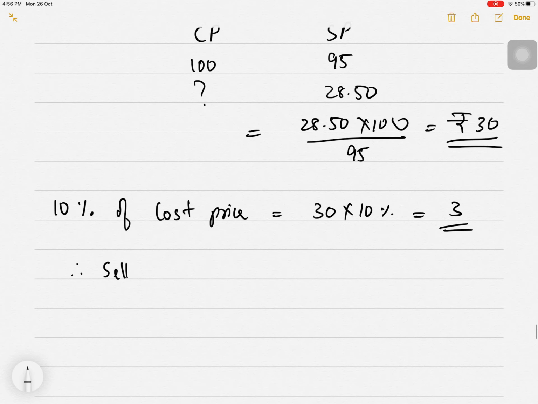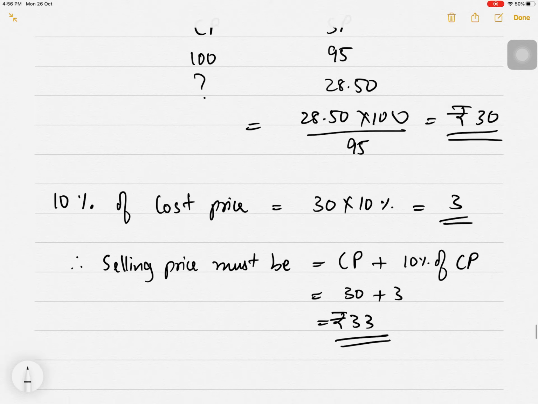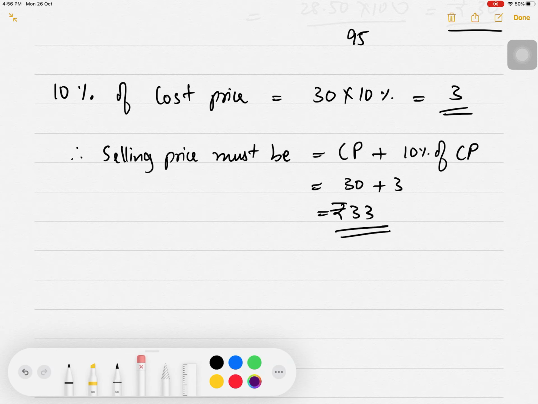So therefore selling price must be equal to cost price plus 10% of cost price, which is 30 plus 3, which is 33. So I'll write like that.